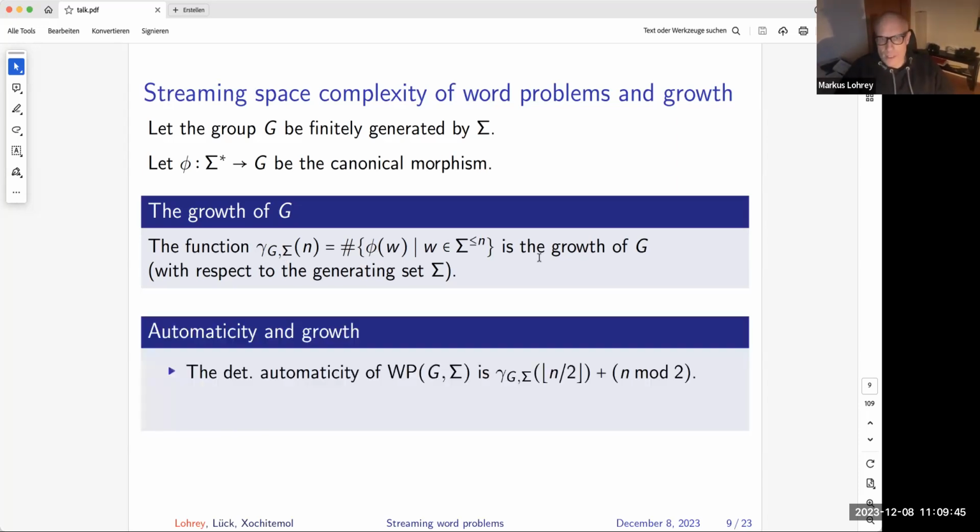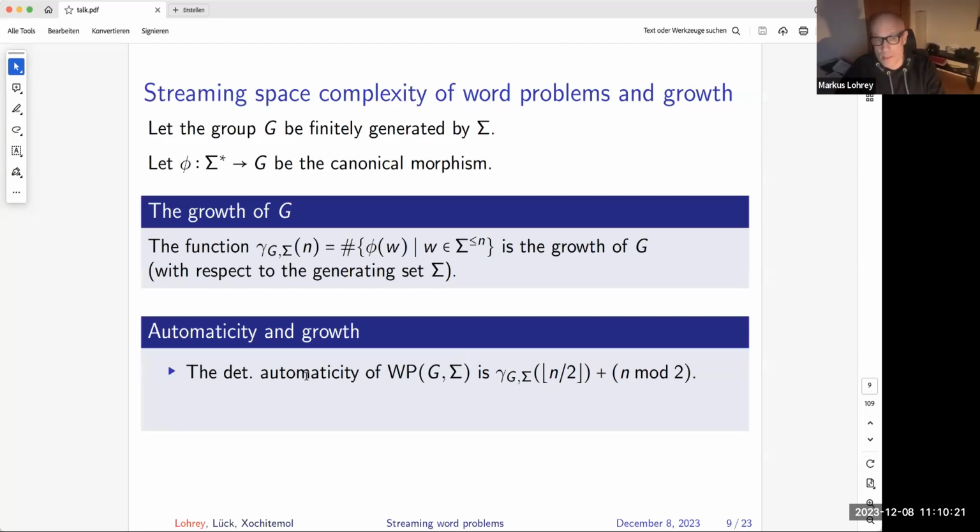And the first result that I want to state is that the deterministic streaming space complexity, I could also say the deterministic automaticity of the word problem, is exactly determined by the growth of the group. So remember, the deterministic automaticity tells you how well you can approximate our word problem by deterministic finite automata.